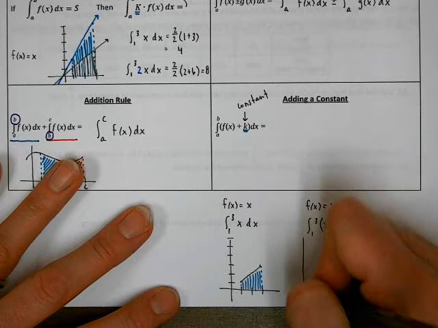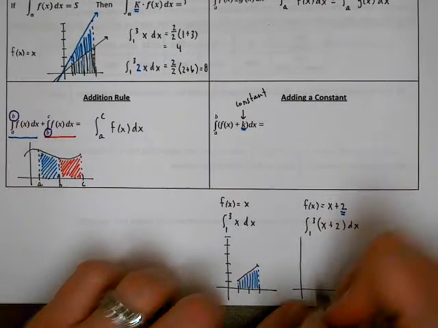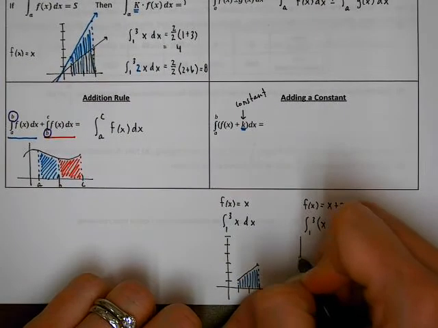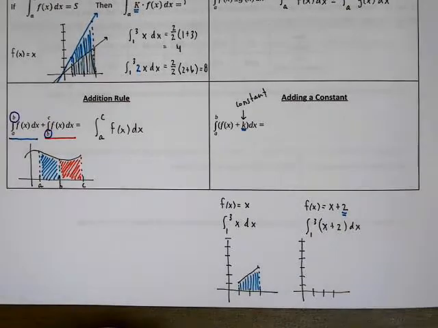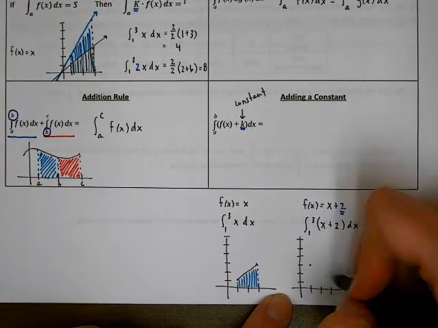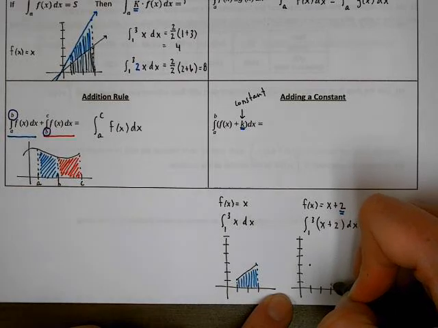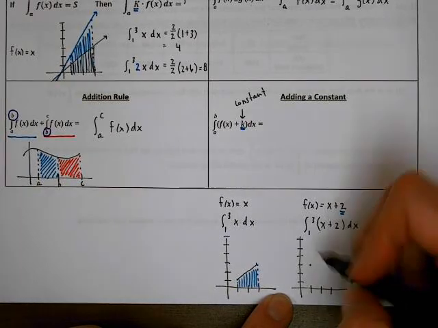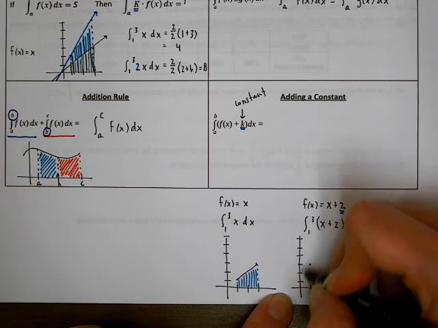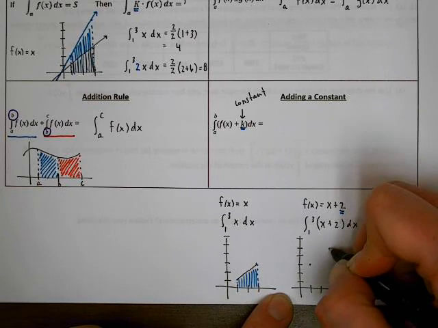So I'm going to draw myself another set of axes. So now at 1, my new output is 3. At 3, it would be at 5. 1, 2, 3, 4, 5, up here.